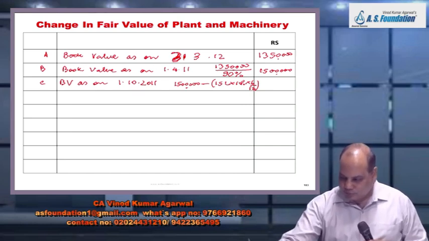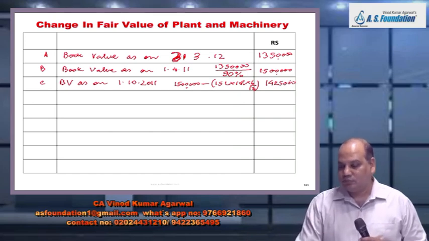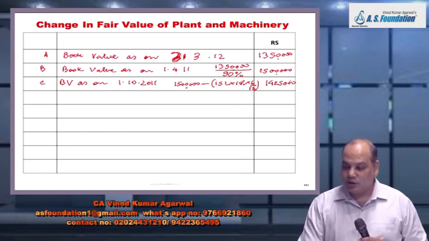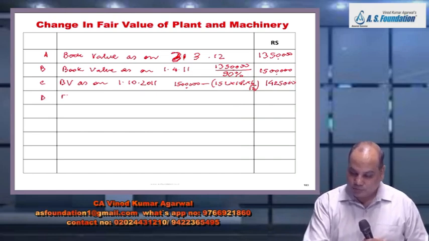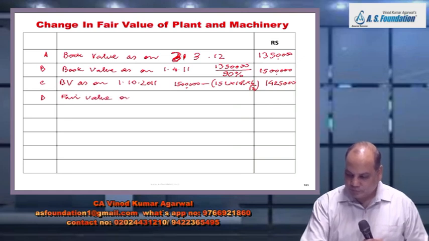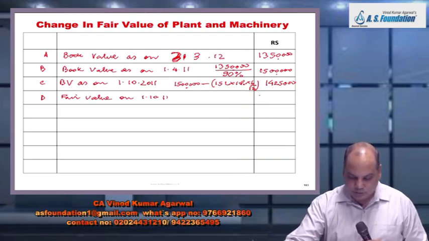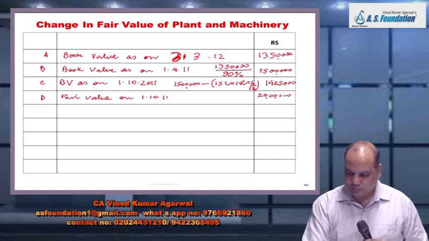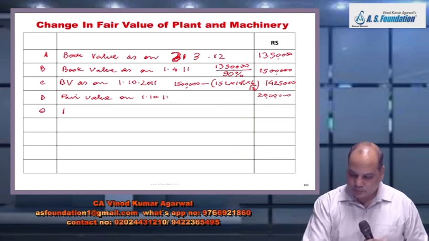That comes to 75,000. 15 lakh minus 75,000 comes to 14 lakh 25,000. This is the book value on that date. Then write down fair value on 1/10/11. How much is given below? 20 lakh. Point number E.